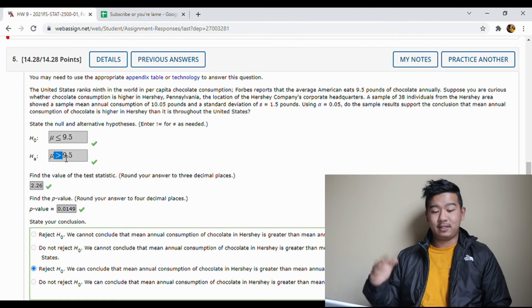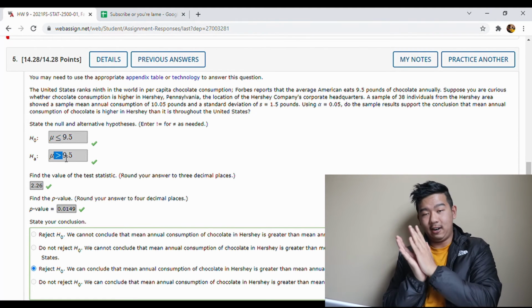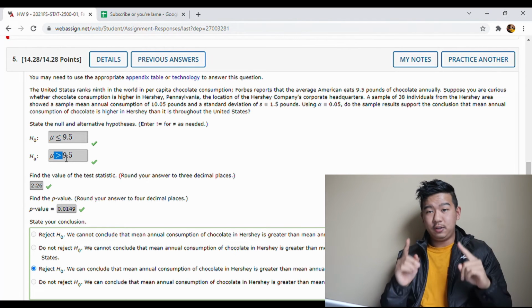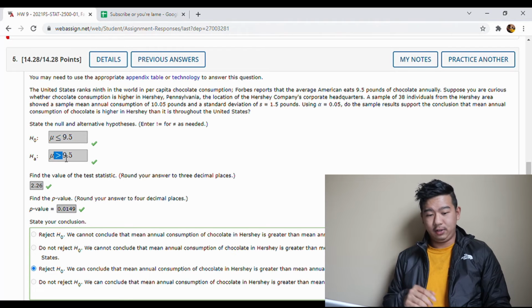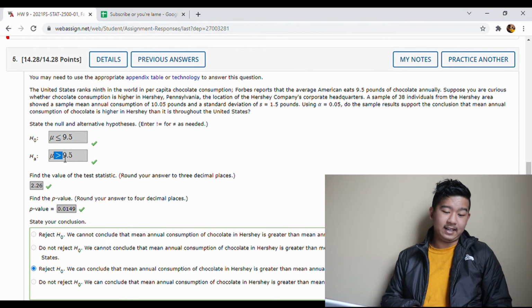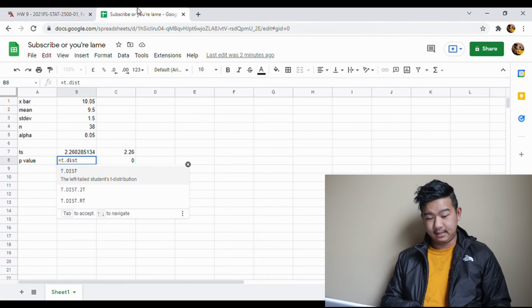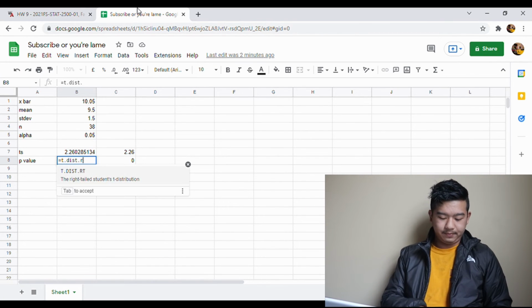If 9.5 was greater than our mu, our arrow would point to the left tail, meaning it's a left-tailed test. And a 2-tail test is not equal to. So if this was mu not equal to 9.5, that is when we use our 2-tail test. But in our case, it's mu greater than, pointing to the right, so it's a right tail test, an upper tail test.